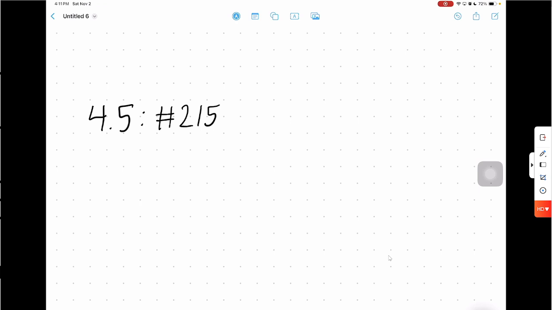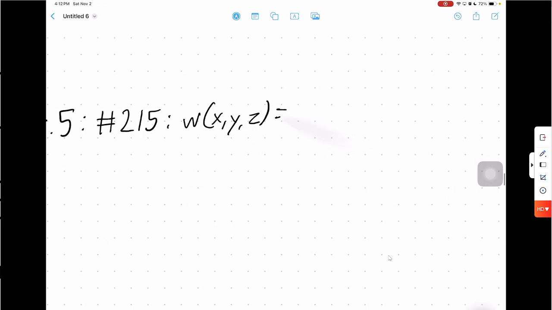This is all chain rule. So this one has w of x, y, z equal to xy cosine of z. x is equal to t, y is equal to t squared, and z is equal to arc sine of t.